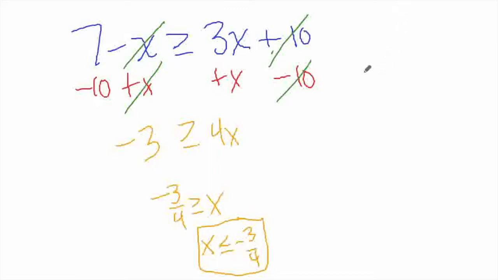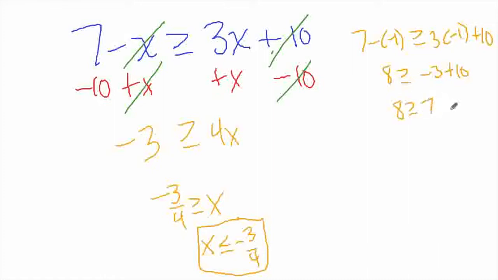So I'm going to plug that into the original. Is 7 minus minus 1 greater than or equal to 3 times minus 1 plus 10? On the left side I get an 8, and on the other side I get minus 3 plus 10. So that says 8 is greater than or equal to 7, which checks, that's true.